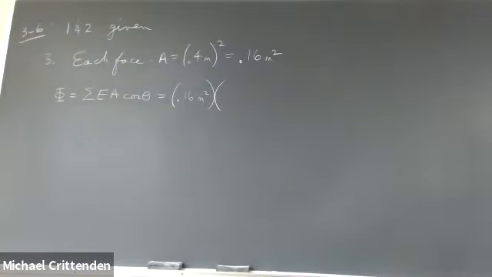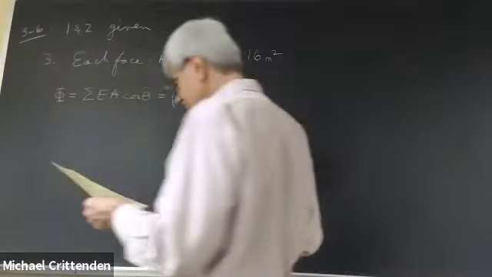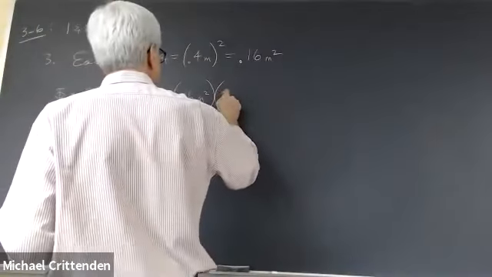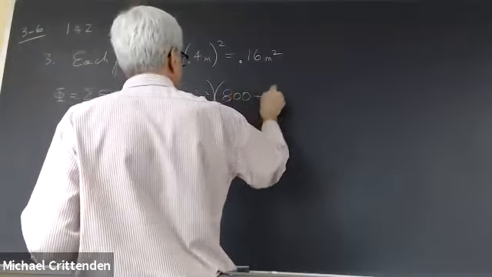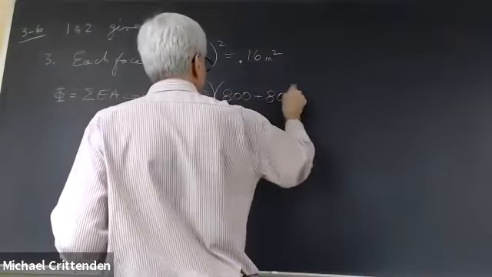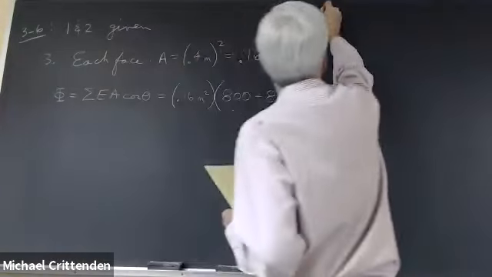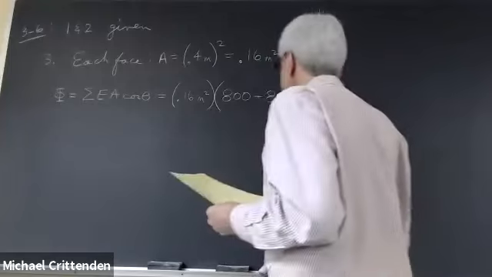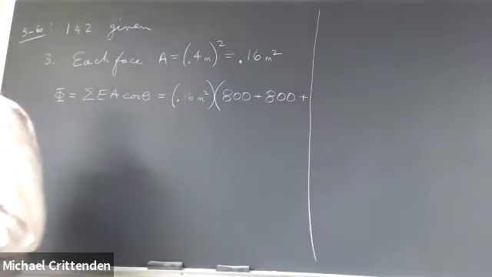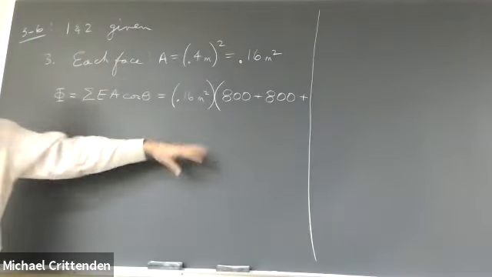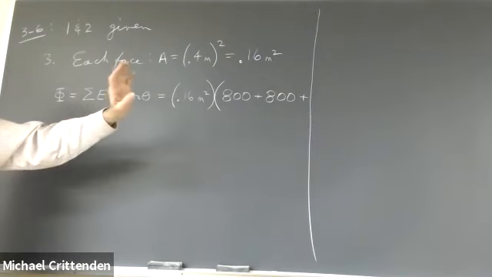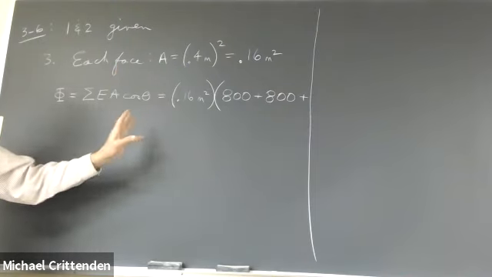On the left and on the right, E is 800. So 800 times the area on the left, 800 times the area on the right.